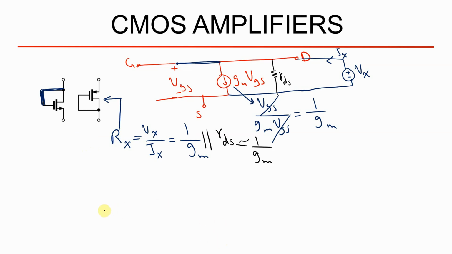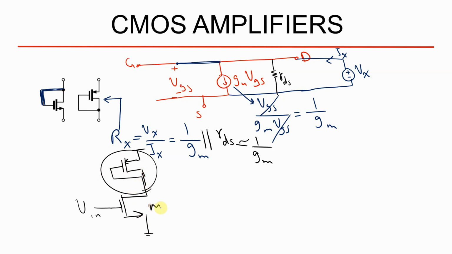For example, just look at this amplifier. This is a common source amplifier, and its load is this diode connected device. This is M1, this is M2. I can simply use this circuit as a model.